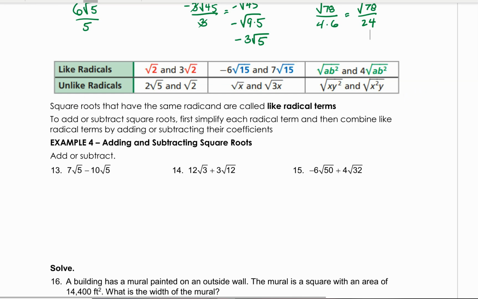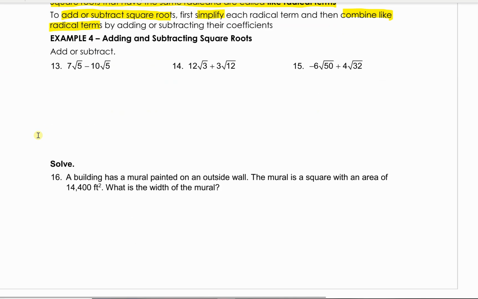Square roots that have the same radicand are called like radical terms, and you can add and subtract square roots. You might have to simplify first, but then you can just combine your like radical terms. So sometimes it's simple.